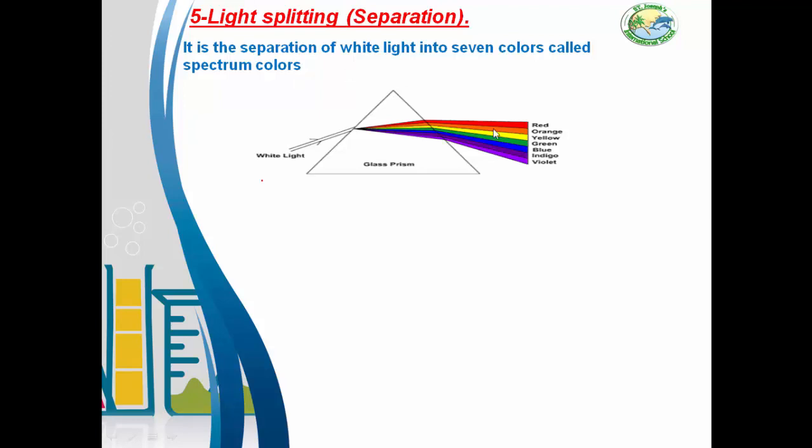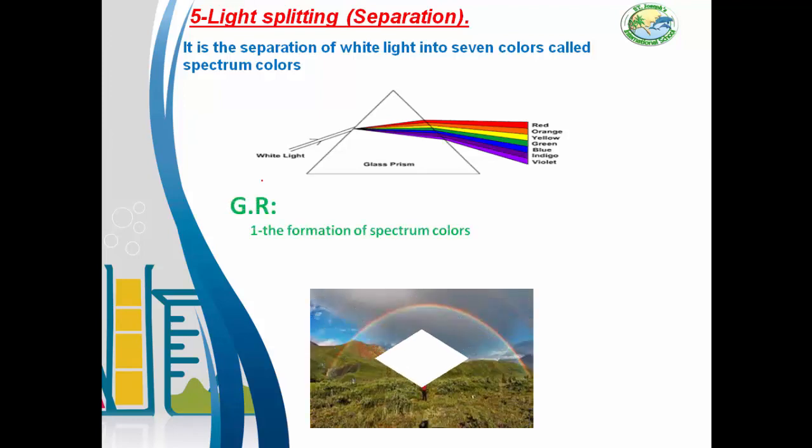The 7 spectrum colors are red, orange, yellow, green, blue, indigo, violet. So white light can be separated into 7 colors, and this is the reason for the formation of the rainbow.